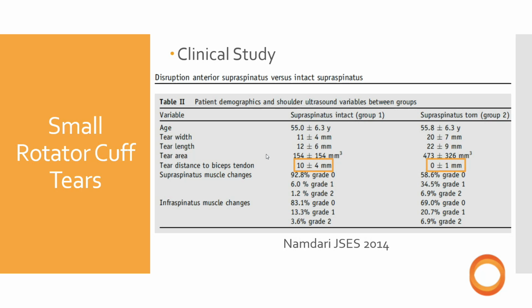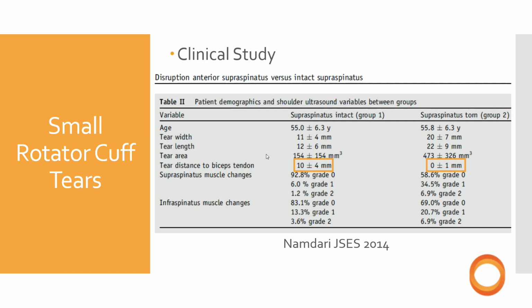The patients who had tears adjacent to the bicipital groove are the tears on the right. The distance to the biceps tendon in group 2 on the right side is 0 to 1, so the tear extended into the bicipital groove and involved the anterior cable. And group 1, to your left, were the ones that were further back.